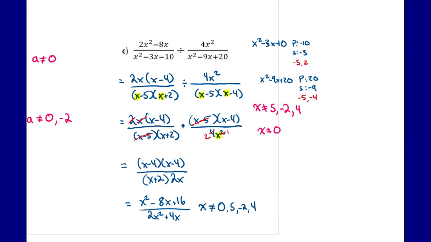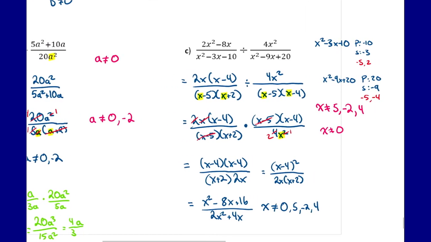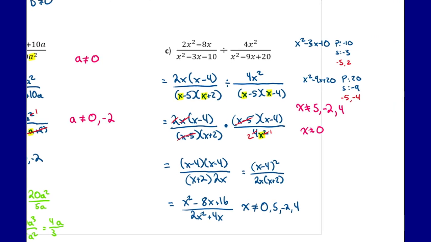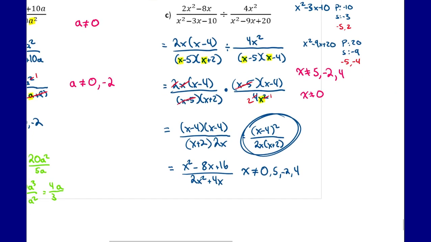And again, depending on how you consider it simplified, if we want to keep it in factored form, it could also be x minus 4 squared divided by 2x times x plus 2. So technically that would be the more simplified form. We've always been expanding in some cases and going backwards, but you could argue that this is the most simplified form. So let's put that below.